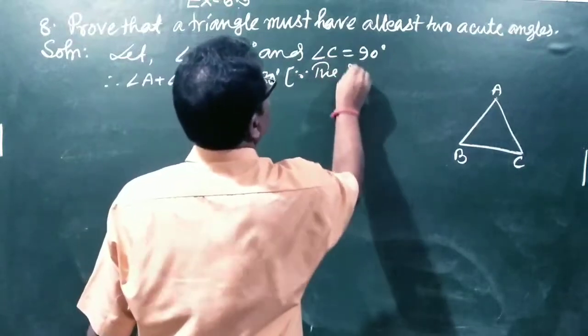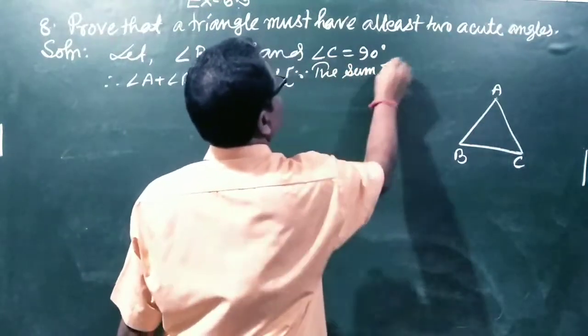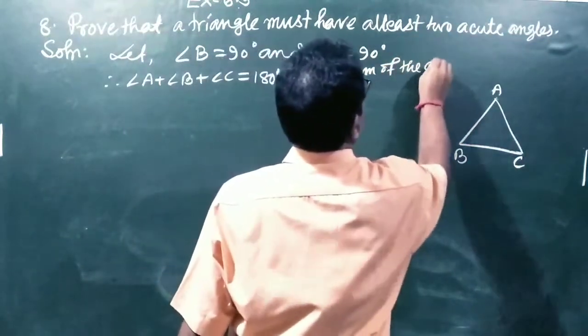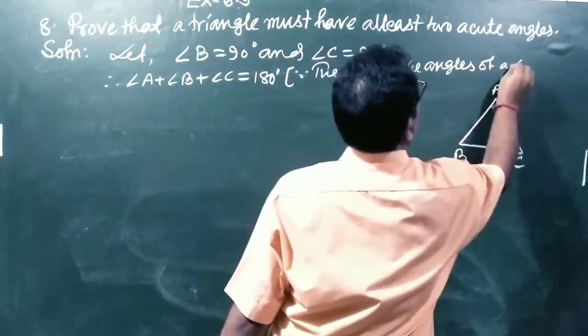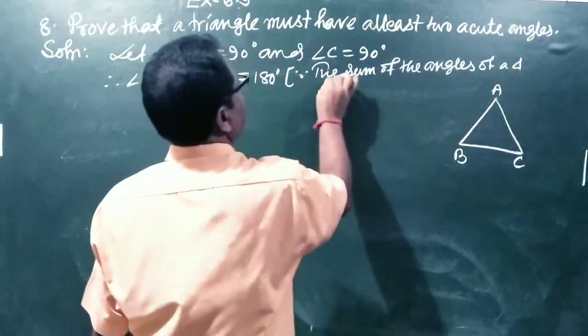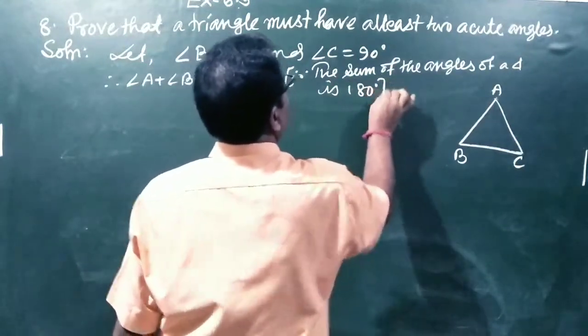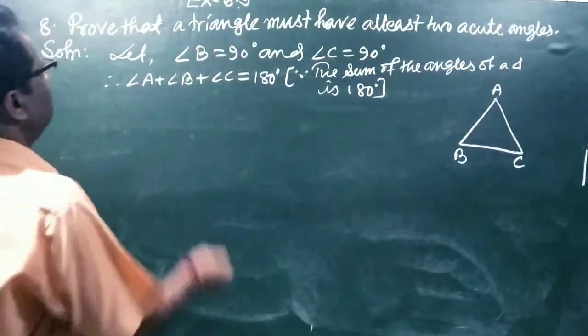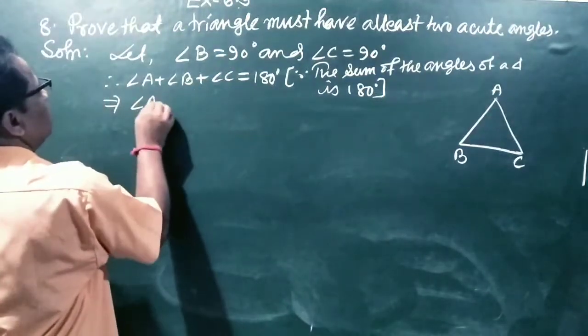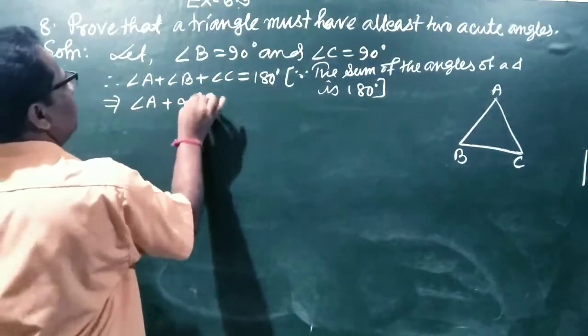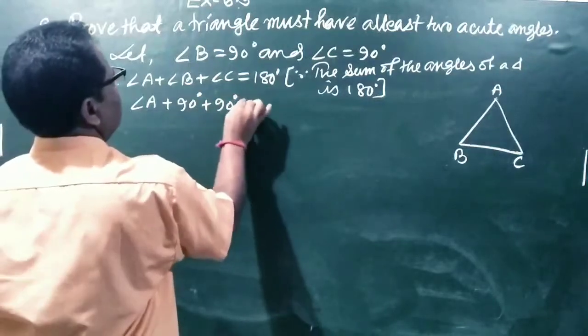So the sum of the angles is 180 degrees. We have taken angle B 90 degrees and angle C also 90 degrees, 2 right angles.